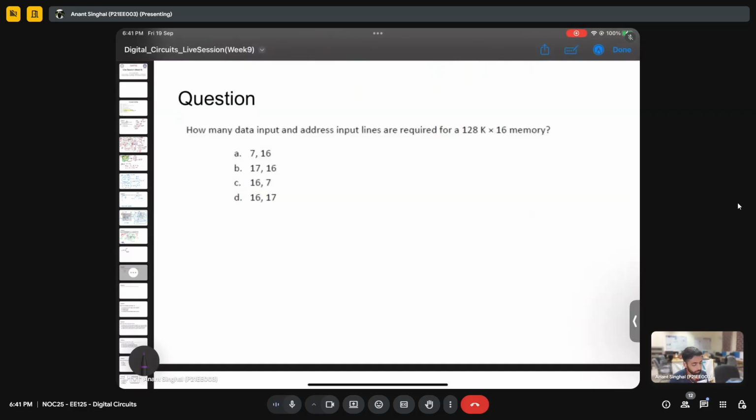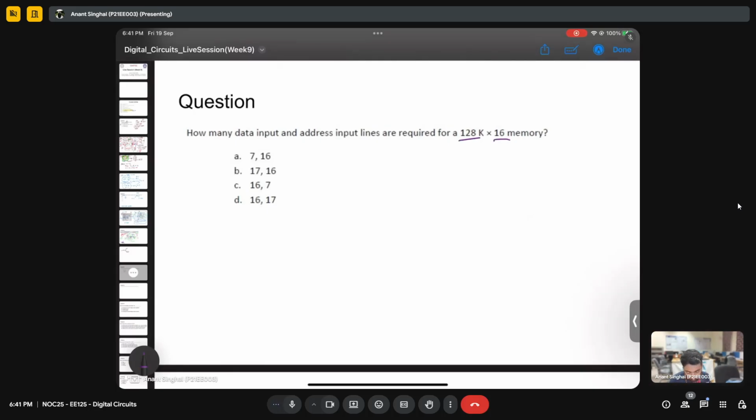How many data inputs and address input lines are required for a 128K cross 16 memory? This is again a simple question. For a memory, we have data inputs and address input lines, the two technical terms.